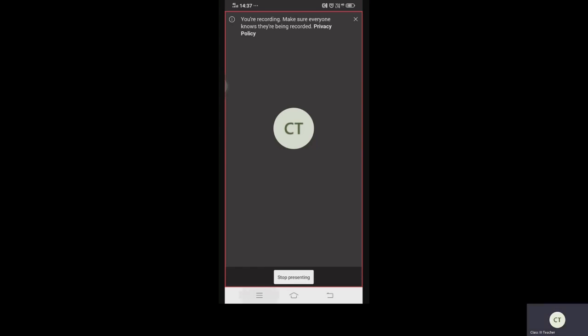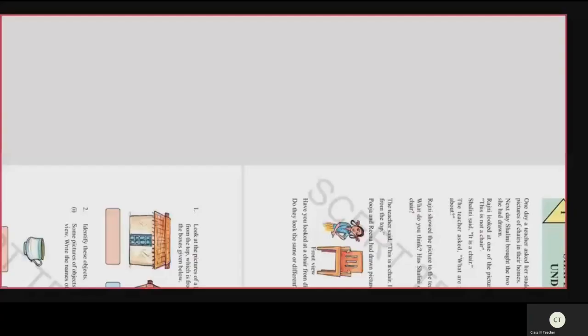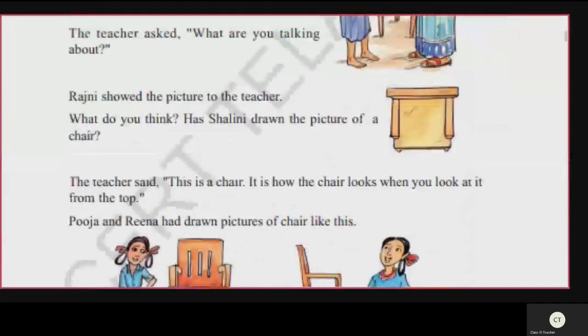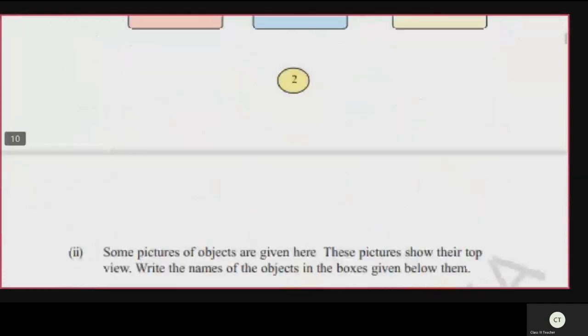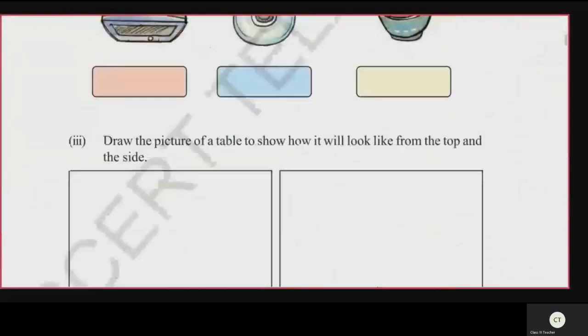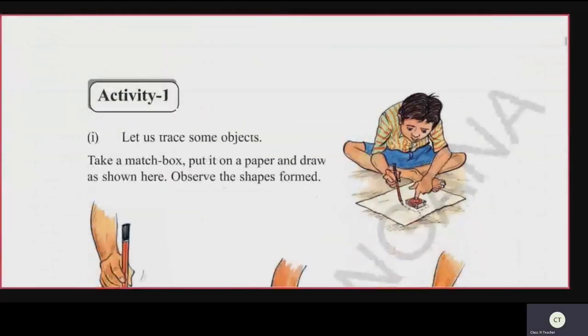All of you open page number 4. Page number 4.